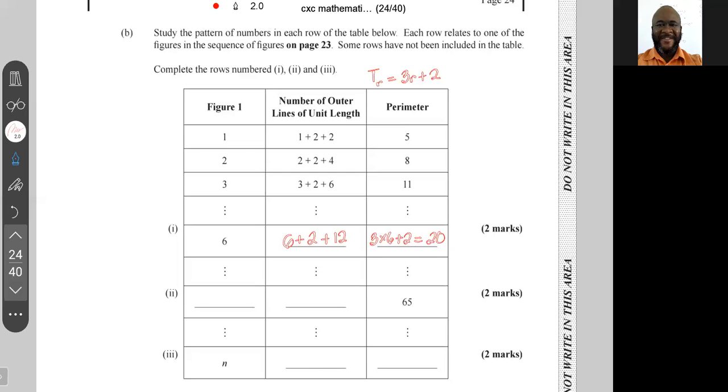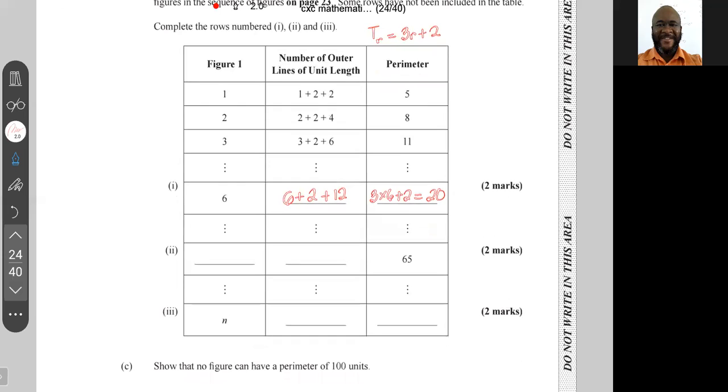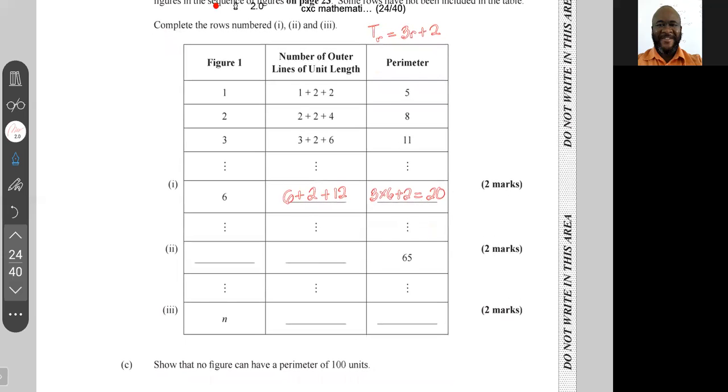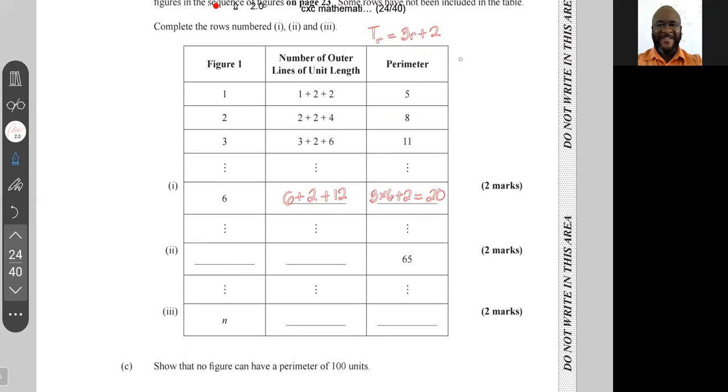All right, we're told that the perimeter is 65, and we're asked to determine the figure number and the number of lines of unit length. Now, let the figure number be x. So therefore, T_x would be equal to 3x plus 2, and this would be equal to 65.